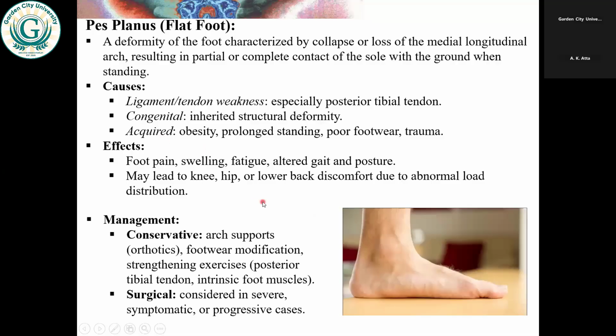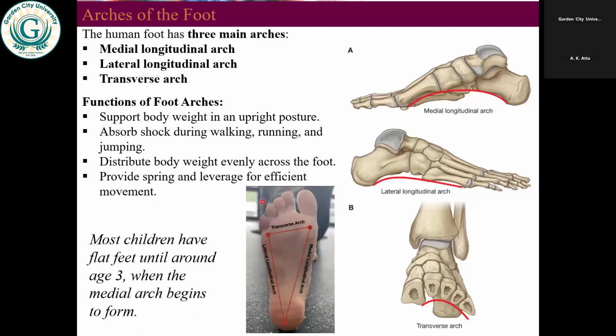Okay. Now, the medial longitudinal arch, if you look at the bones forming the medial longitudinal arch here, you can talk about this one here, the calcaneus bone. Then the talus, this is the navicular, then the cuneiform bones, then the first, second and third metatarsal bones.